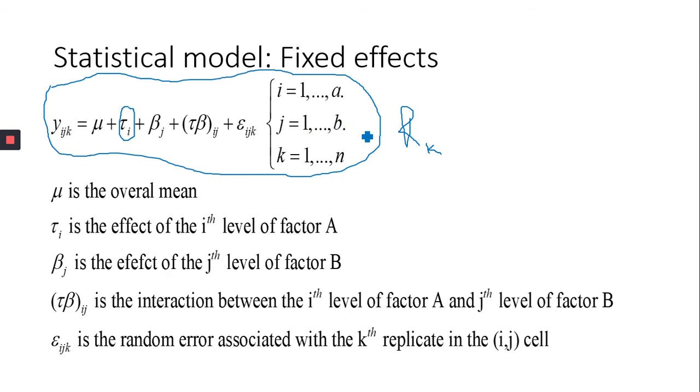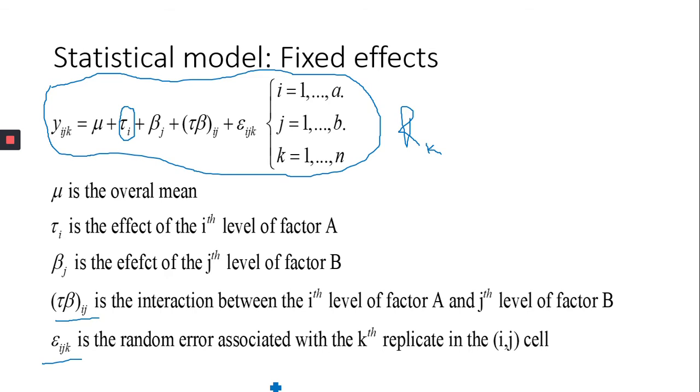This is a general statistical model for an RCBD experiment with factorial arrangement. The most important component that we have to talk about is the interaction component, that is the interaction between the different levels of the factors, and of course the random error term that is associated with the kth replicate in the ij cell, for the ith level and jth level of factor A and B respectively.